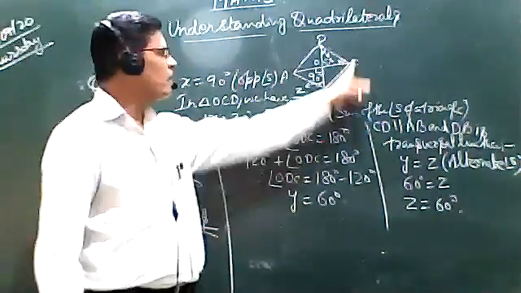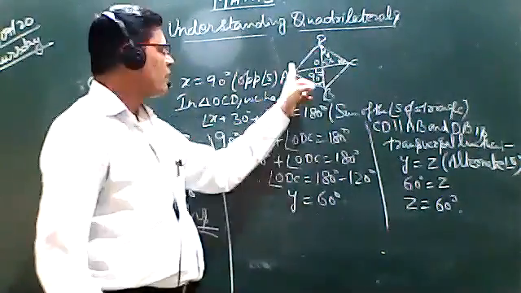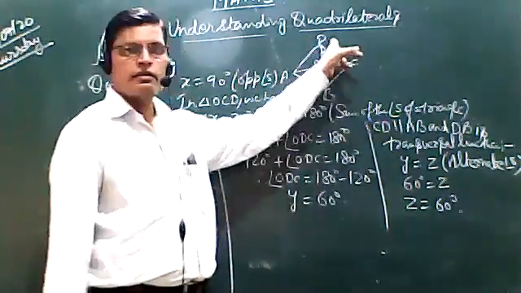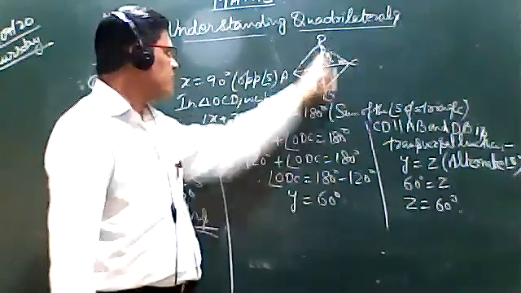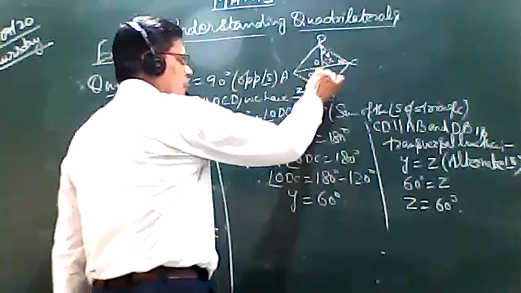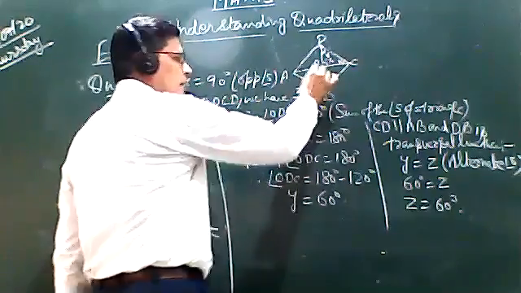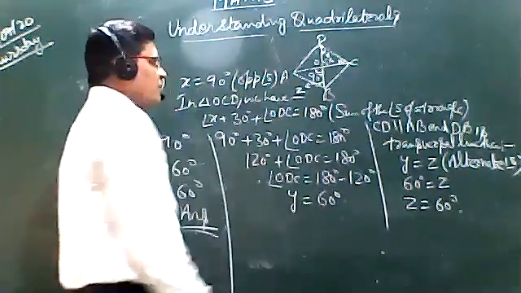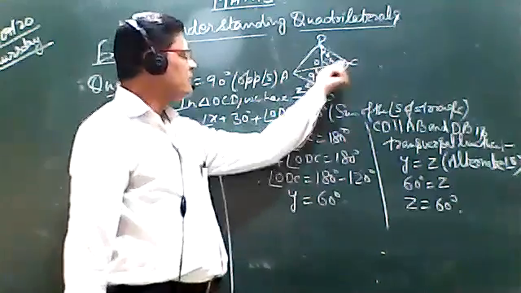Now look at this. This is the figure. This is the parallelogram ABCD. एक parallelogram दिया है, and these are the diagonals of the parallelogram. This angle be given. This is the symbol of 90 degree, and this angle be X. This angle be 30 degree.